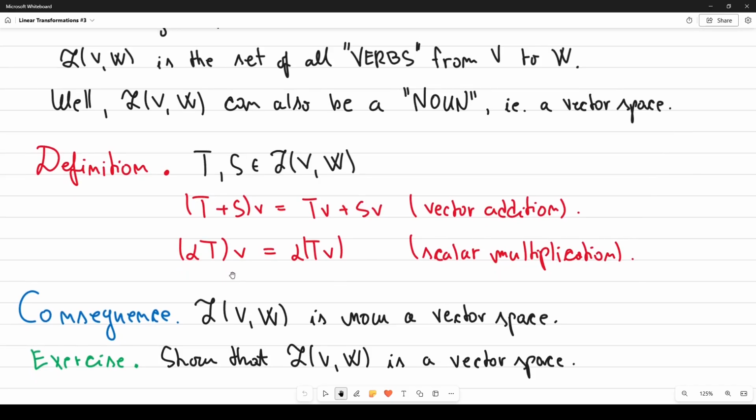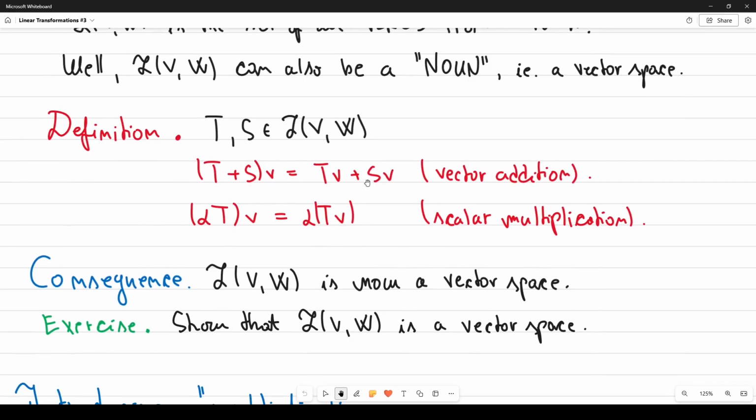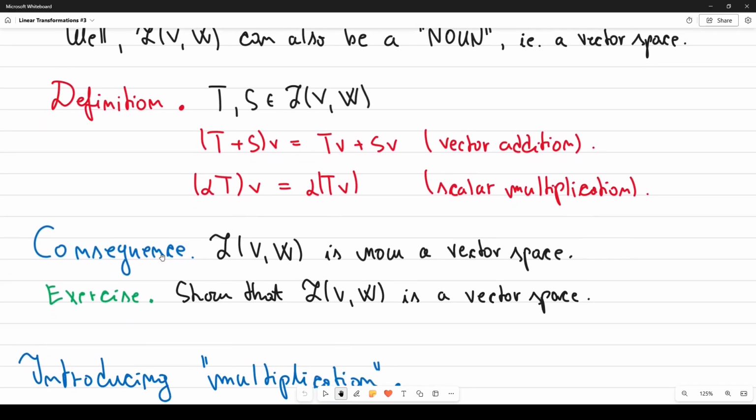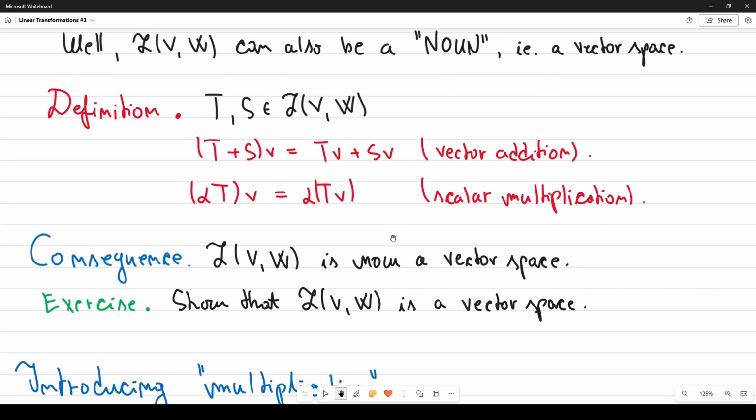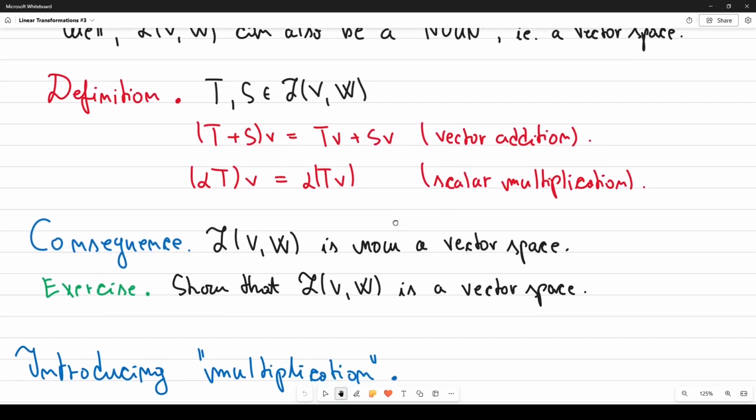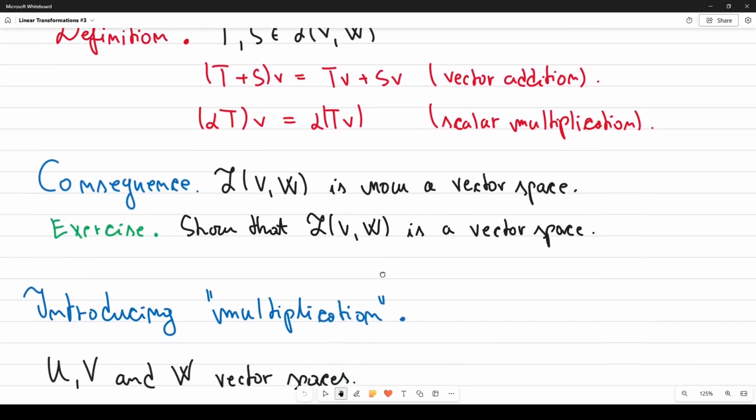Now scalar multiplication: if you take some linear transformation and you want to scale it, and you get a new linear transformation, then we define this acting upon a vector to be equal to this. Act upon the vector first with T and then scale it. The consequence of these definitions is that this, with addition and multiplication, turns into a vector space, which I leave to you to show as an exercise. You go through the definition of a vector space and check if all the properties hold.